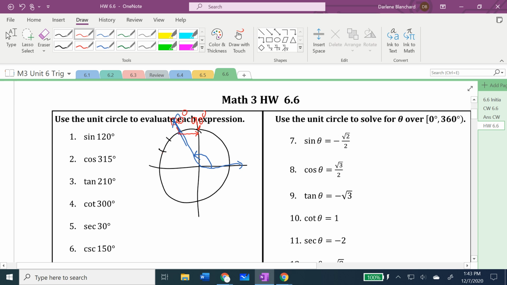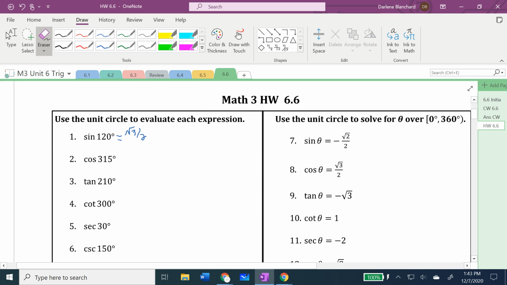And if you look at the other angles that you're supposed to be aware of, this one is the highest up of the 3. It's furthest of the 3, so it's root 3 divided by 2, and it's on the positive y-axis. For the cosine of 315, I'm going to erase what I just drew.